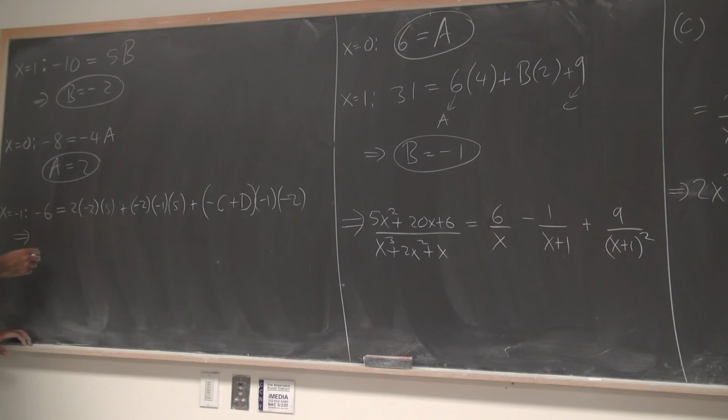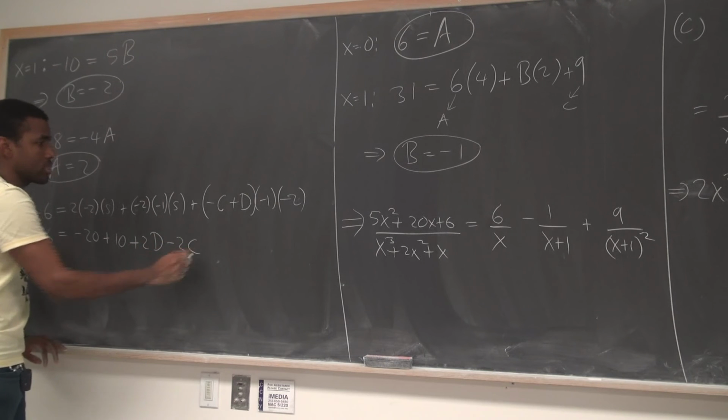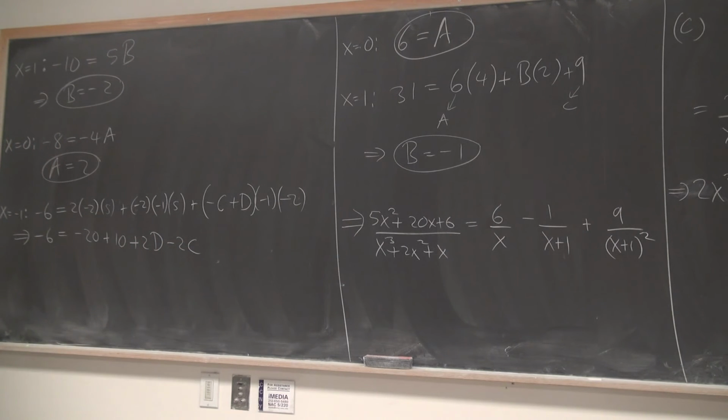Did you just make that up? No, I calculated that. This is minus 20. This is plus 10. Mine plus 2, 2d minus 2c. Why don't you just divide everything by negative 2?